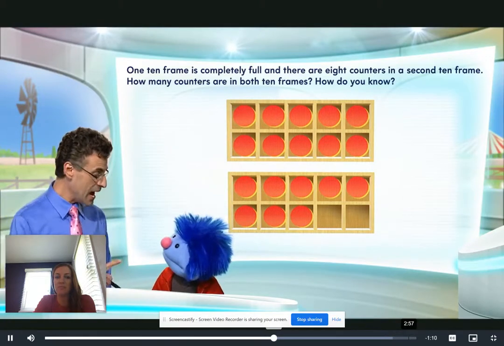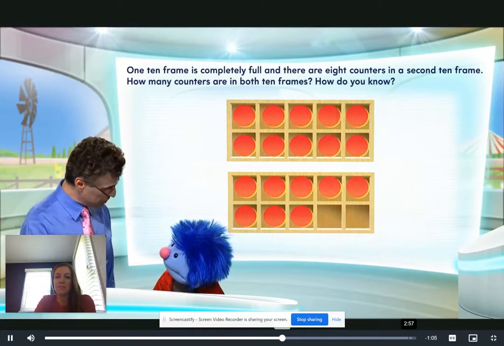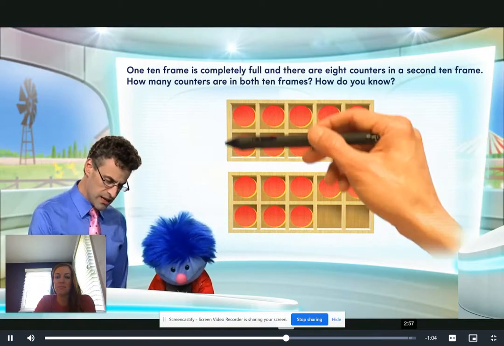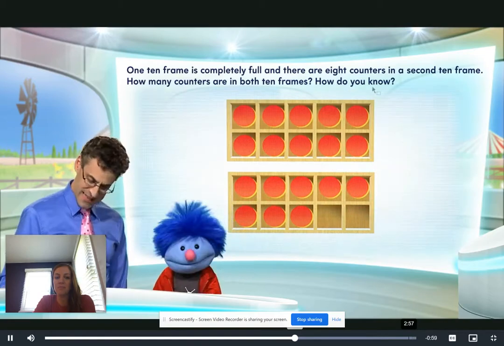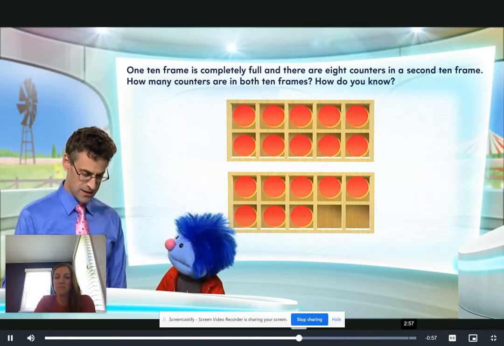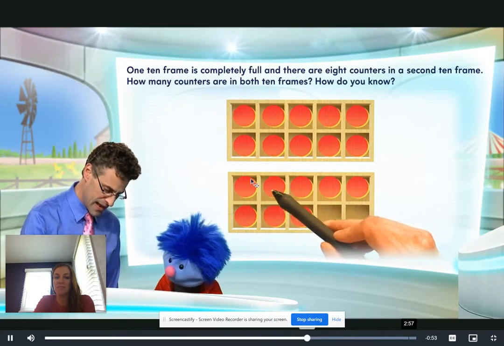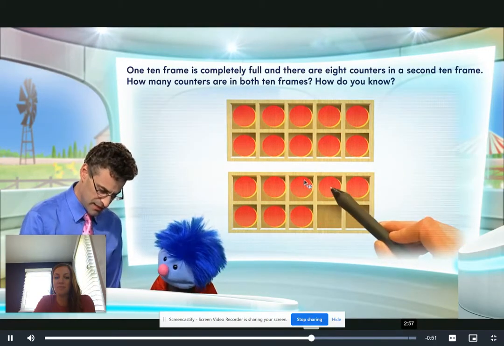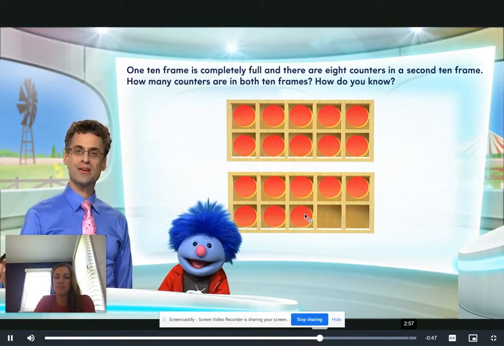Looks good. Now, to count really fast, what we do is we don't start from 1 like you were doing on the bowling score. We know that a full 10 frame has how many? 10. Exactly. So let's just start from 10. Okay. So that's 10. And now we come here, 11. And now 12, 13, 14, 15, 16, 17. 18. And there's the answer.